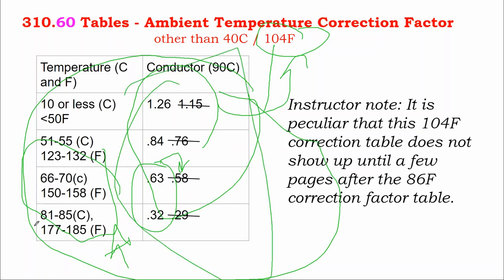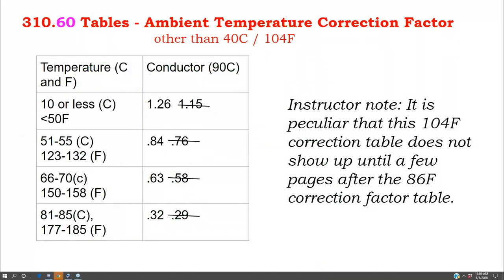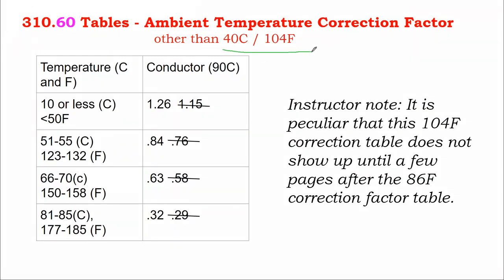So it can be kind of confusing if you're just looking at these charts and wondering, when do I use this or when do I use that? You just have to read the titles. Stuck in these title addendums are additional details. Like you'll get ampacity charts for conductors inside of conduit versus in free air.